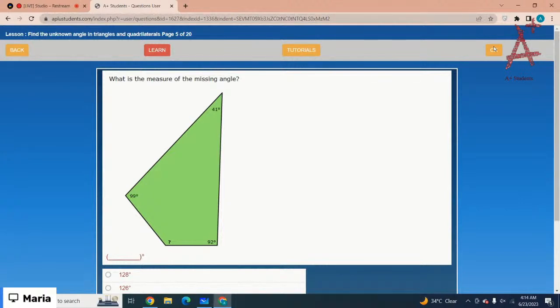So just add the given angles and subtract them from 360. So it is 99 plus 92 plus 41. The sum is 232, and 360 minus 232 equals 128 degrees. That means the missing angle is 128 degrees.